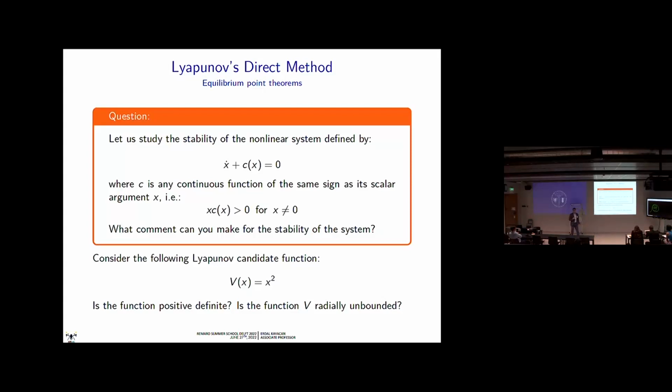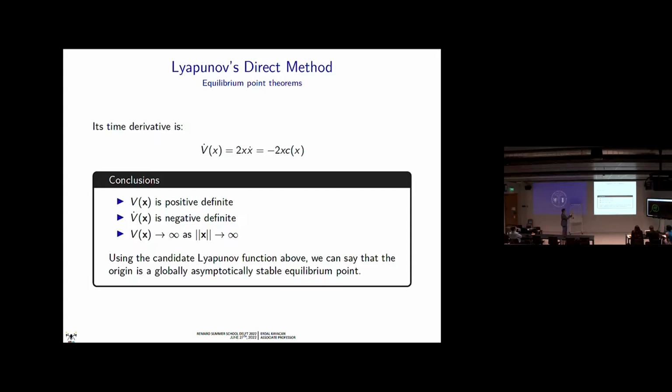V dot is equal to 2x x dot, and 2x x dot is equal to minus 2x C(x), and this is always the same sign. It's given in the question. Then V dot is negative. So V is positive definite, V dot is negative definite, it's given to us, and V goes to infinity as x goes to infinity.